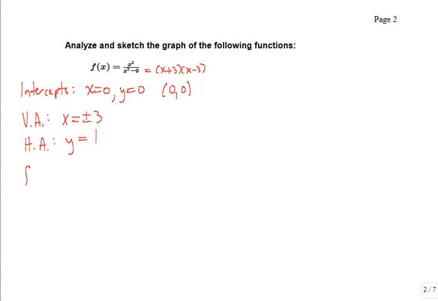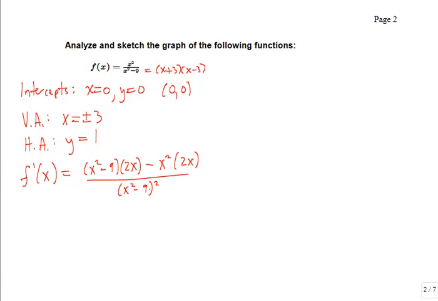So let's go ahead and find f prime of x. Because we have a quotient, I'm going to use my quotient rule. So I'm going to do the bottom, low, d high, the derivative of the top is 2x, minus high times d low, the derivative of the bottom is also 2x, all over low, low.